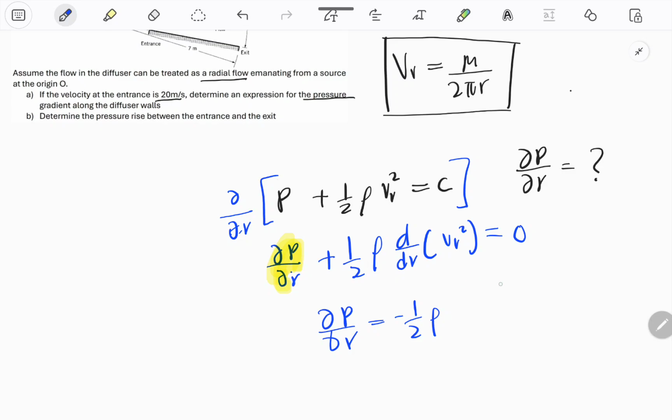So the outside function is this, right? If I differentiate this, I'll get 2 times whatever is inside. And then what is inside differentiated will give me dV_r over dr. The constant term also equals 0.